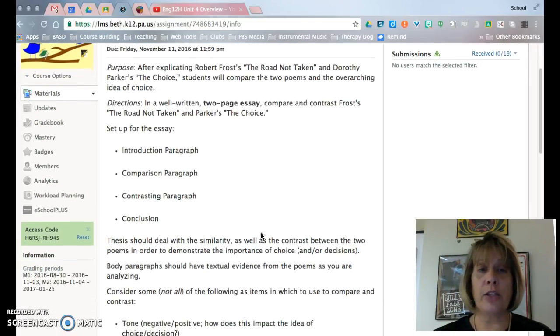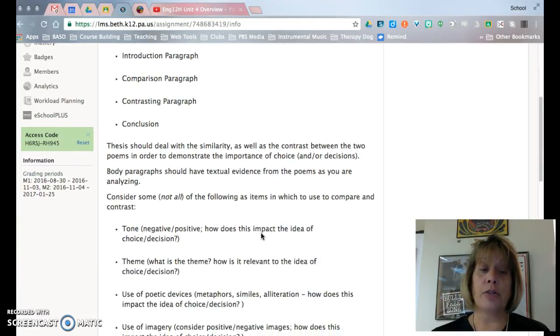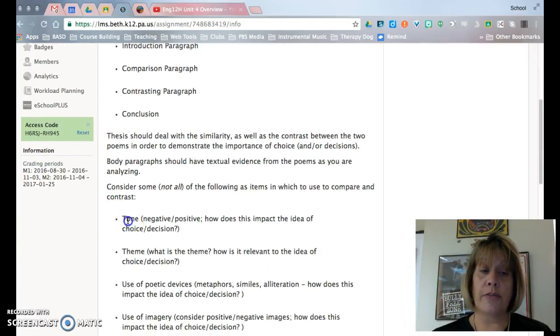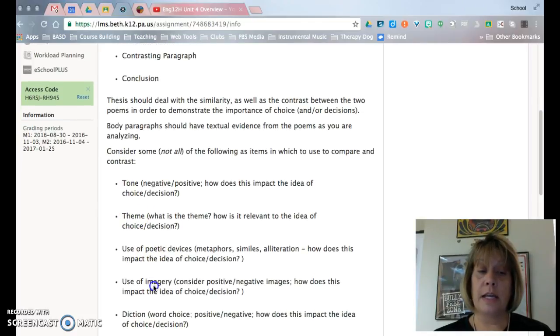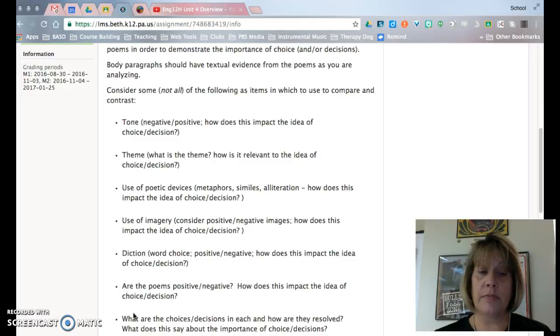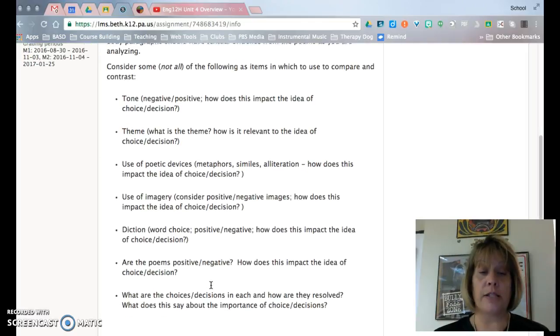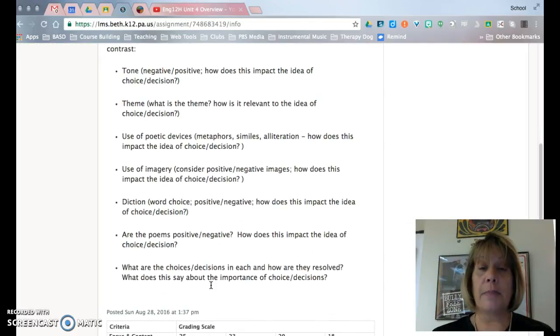Make sure that you are thinking about theme and what the theme is in both of them in order to compare and contrast them. You can also look at tone. So we have tone, we have theme, poetic devices, imagery, diction. Are the poems positive or negative? Again, looking at the compare and contrast of the two of them, and about the decisions and how they are resolved.